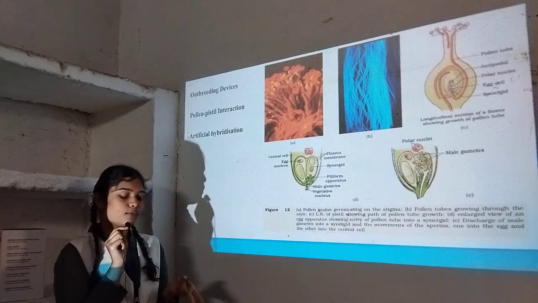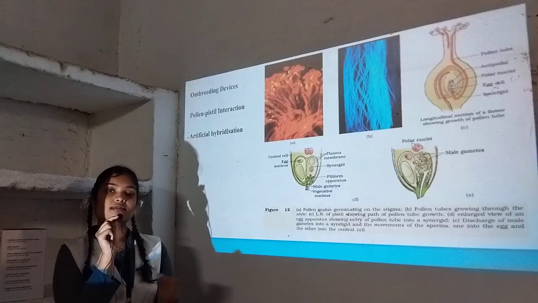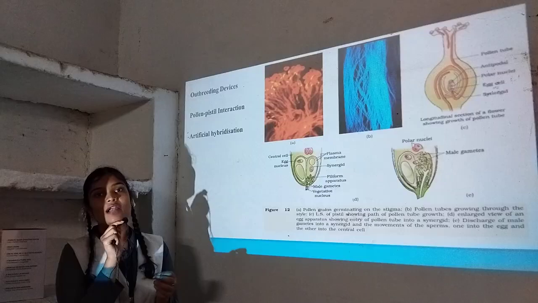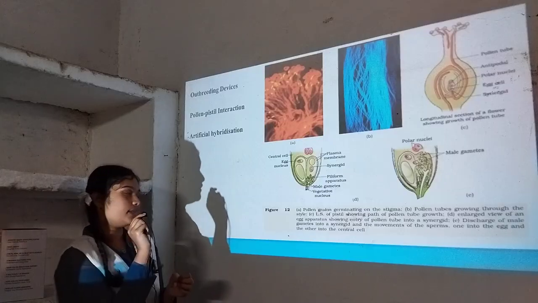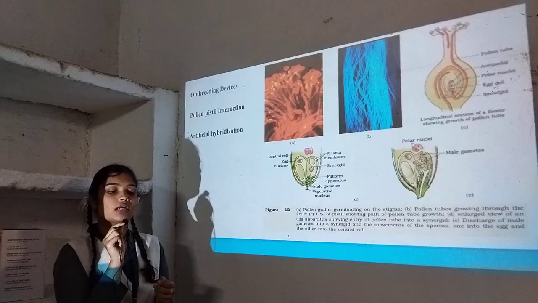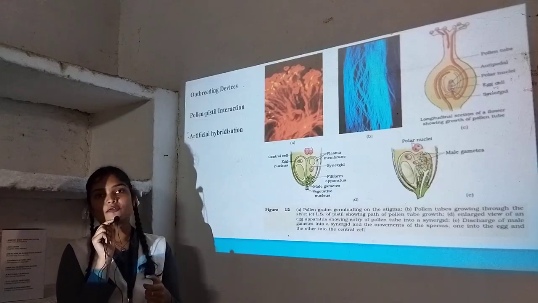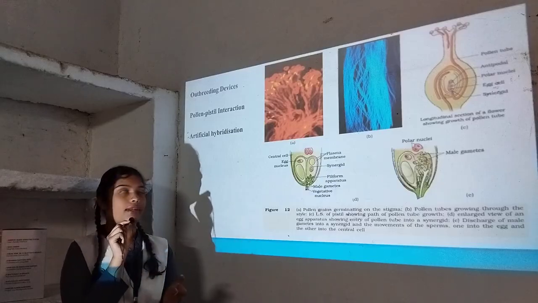Second is the different position of the anther and the stigma. If the anther is below the stigma, its pollen grain can't reach the stigma and self-pollination will not occur in it. Third is self-incompatibility, in which the pistil rejects the wrong type of pollen grain and accepts the compatible pollen grain.